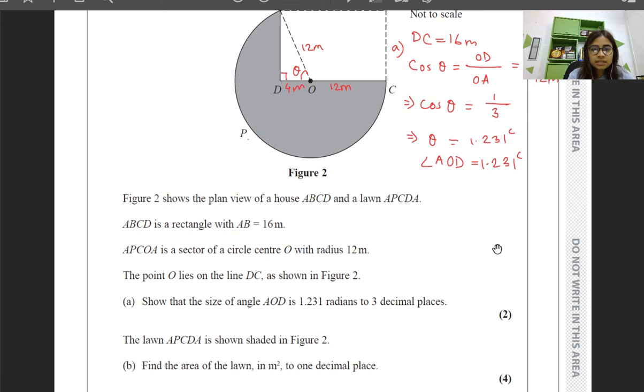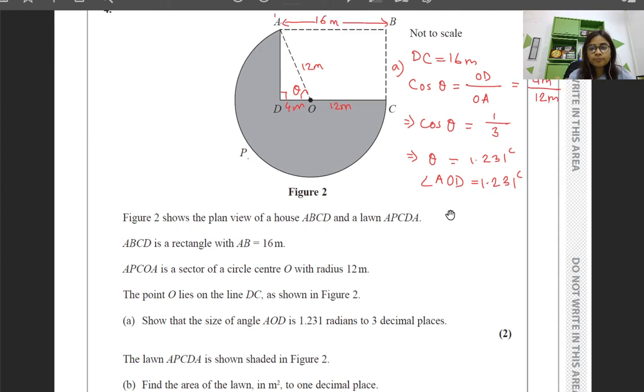So now let's move to question part B. Part B says that the lawn APCDA is shown shaded in figure 2. So basically the shaded region that we can see is the lawn. So they told me to find the area of the lawn in meter square. So we have to find this area.